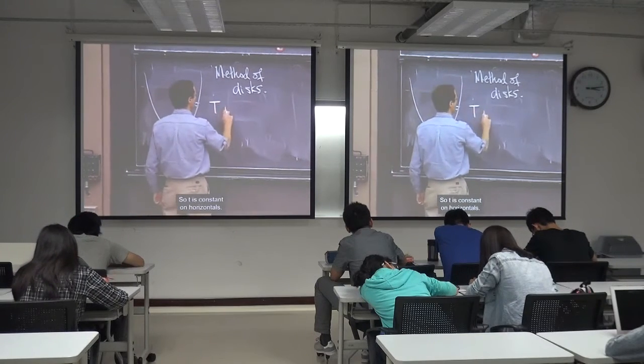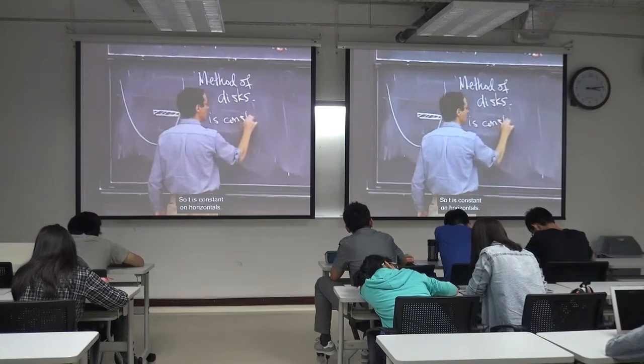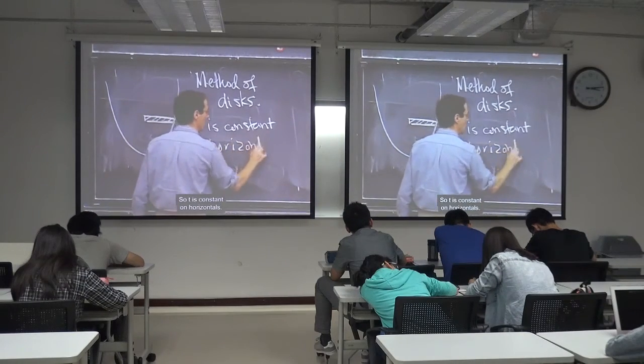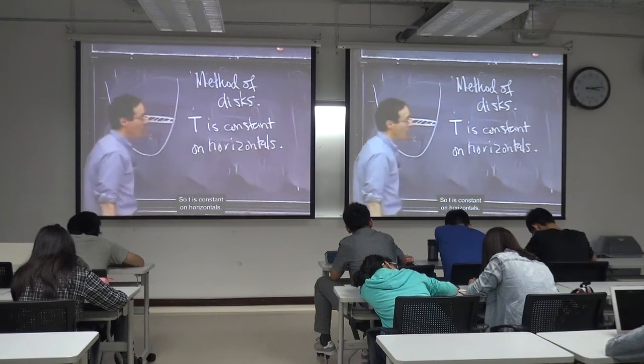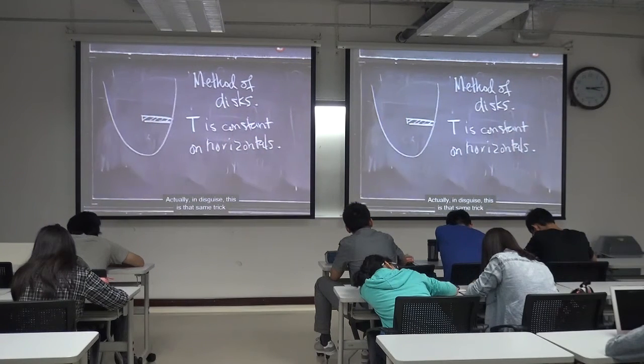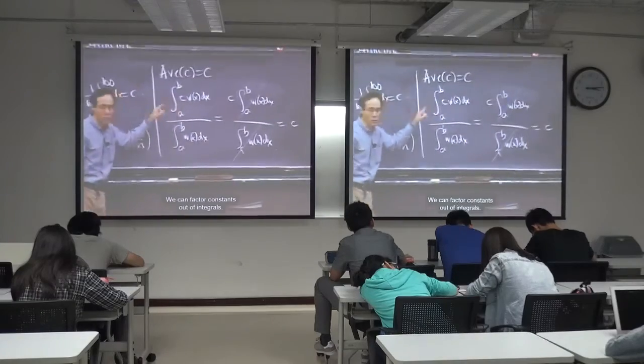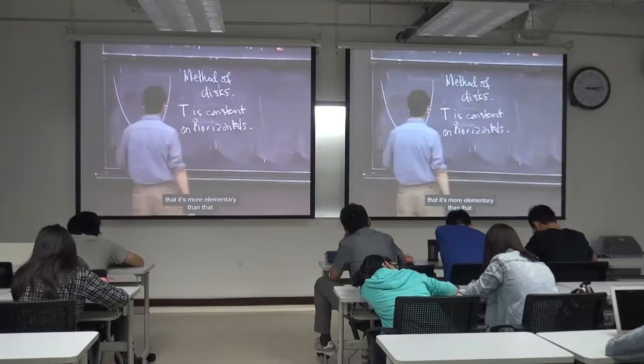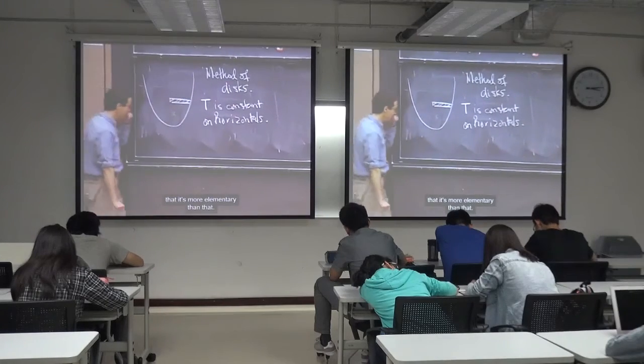So T is constant on horizontals. Actually, in disguise, this is that same trick that we have here. We can factor constants out of integrals. You can view it as an integral, but the point is that it's more elementary than that.